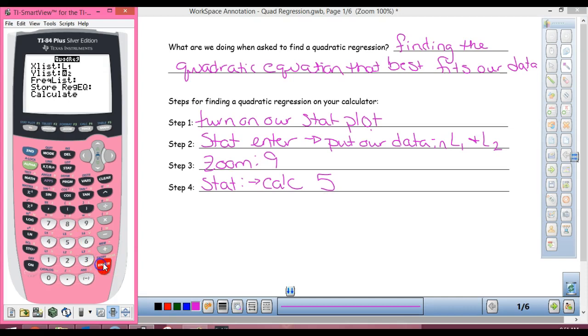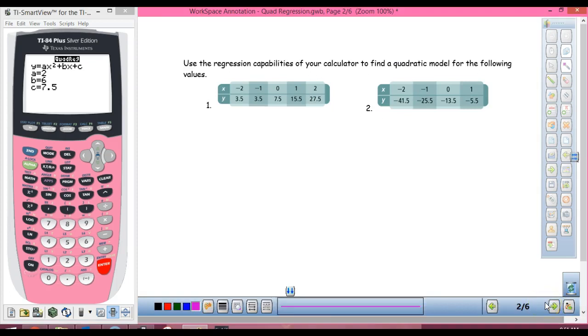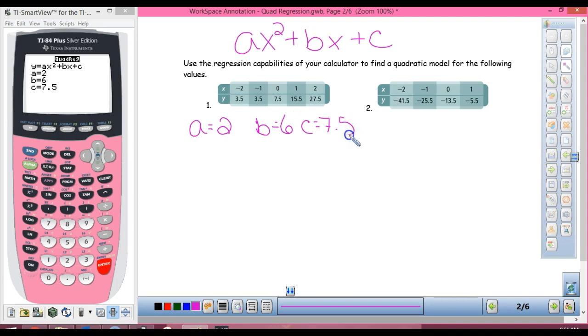Then you just got to go down and get to calculate. It gives us A, B, and C, right? Remember that our equation is ax squared plus bx plus c. So it tells us A is 2, B is 6, and C is 7.5.